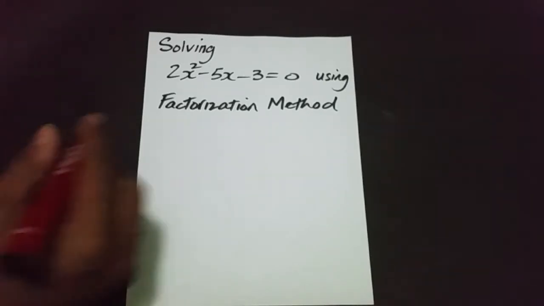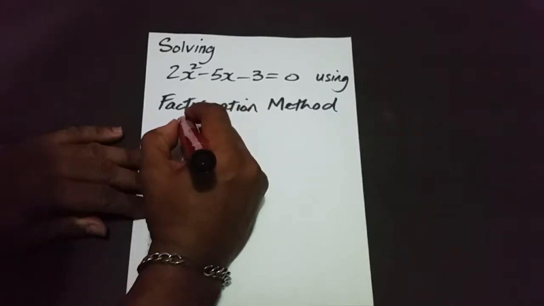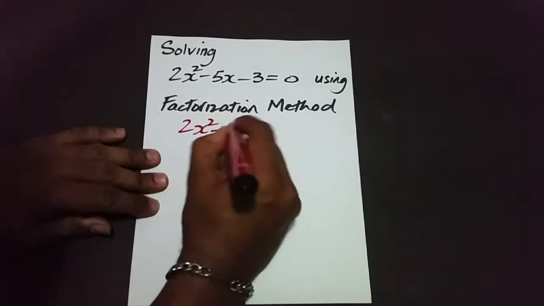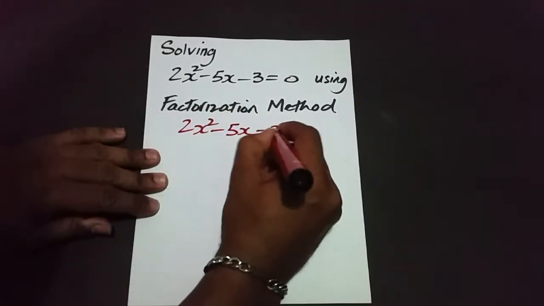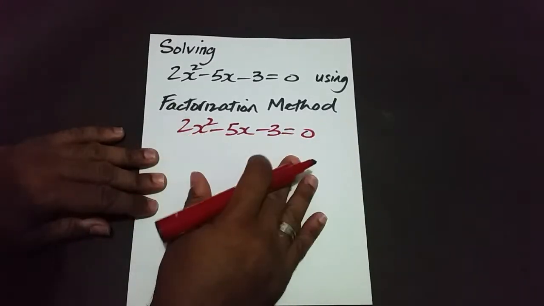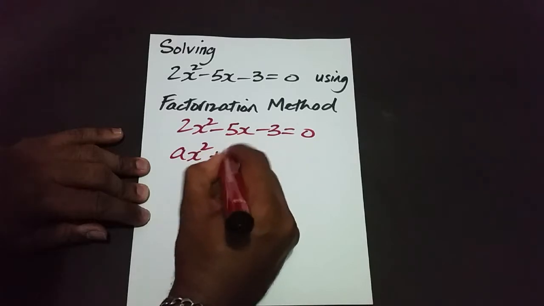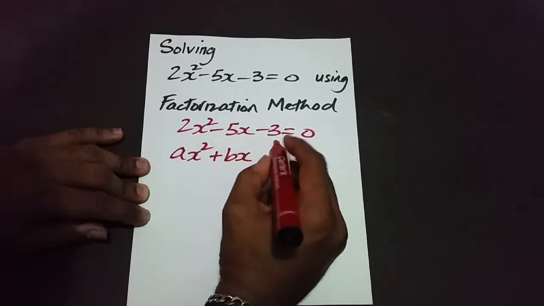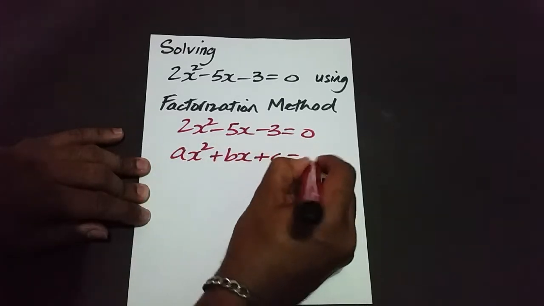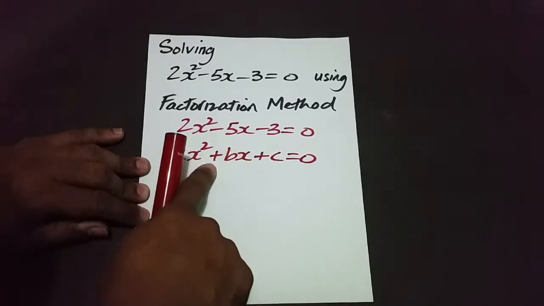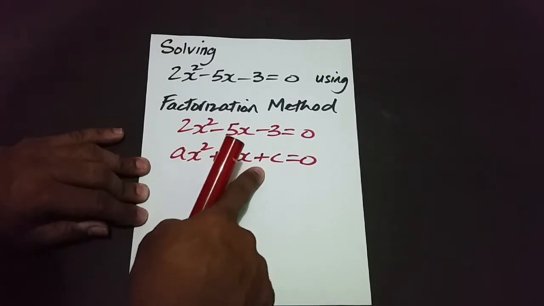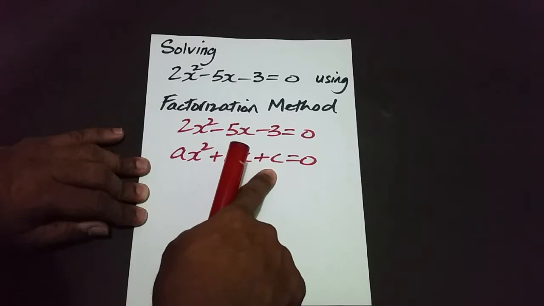So in solving this problem, we're going to write the equation, and again, before you proceed, always check to see if it is in this form: ax squared plus bx plus c equals 0. I've seen videos of persons putting minus here. That is incorrect. This is the general form.